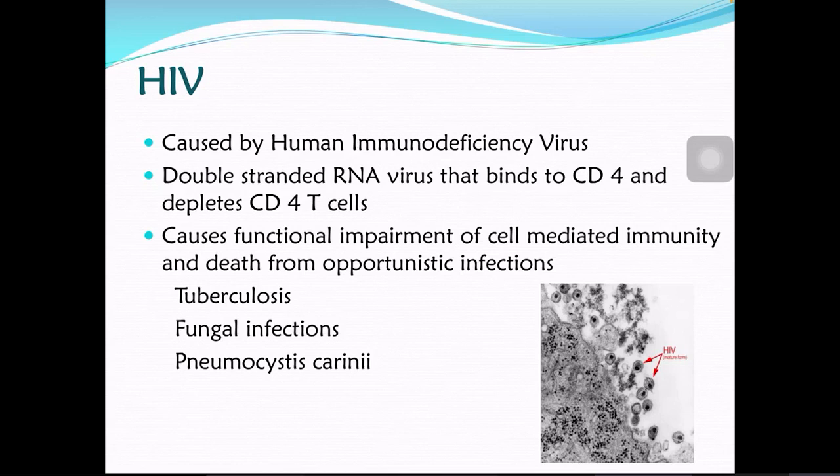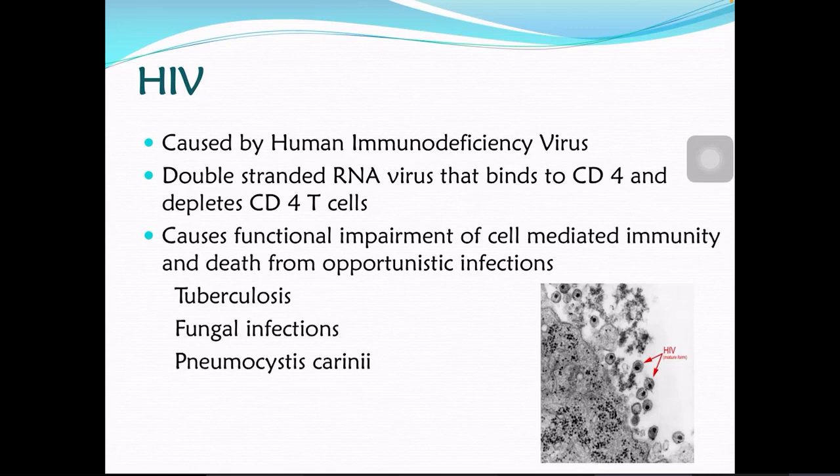So it's important to think about, if you can't think about the primary disorders and you have very young children who are not responding to treatment, who are not showing the normal response to treatment, getting admitted frequently, think about HIV as well.